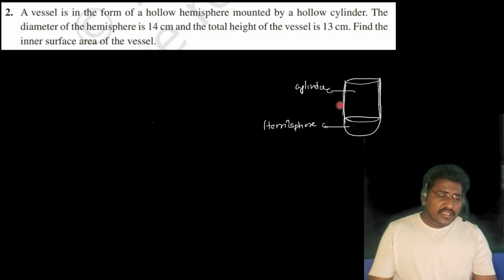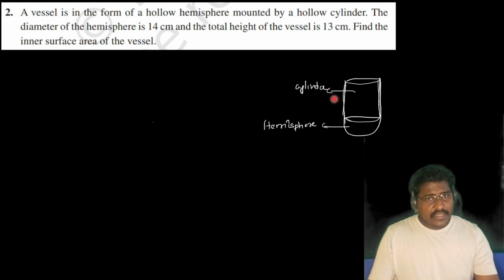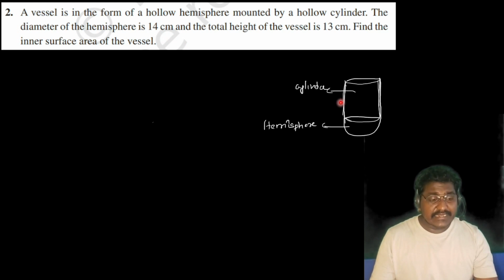Because here cylinder is mounted on hemisphere. That means they can be mounted perfectly only if they are having same diameter. So if diameter of hemisphere is 14 centimeter, then definitely diameter of cylinder will also be 14 centimeter.